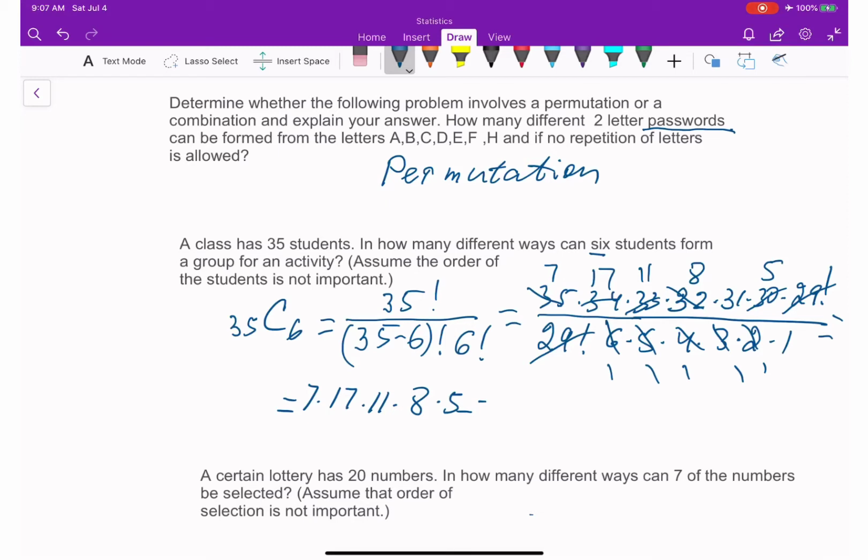Okay, for the sake of saving time, let me punch the numbers. 7 times 17 times 11 times 8 times 5. I got 52,360 groups. So 6 students can create 52,360 groups from 35 students. Okay. Next one.